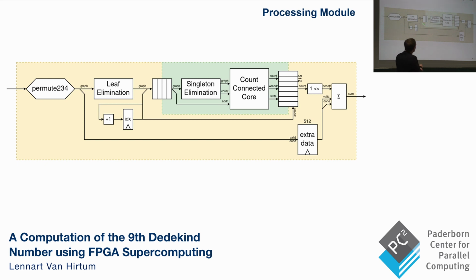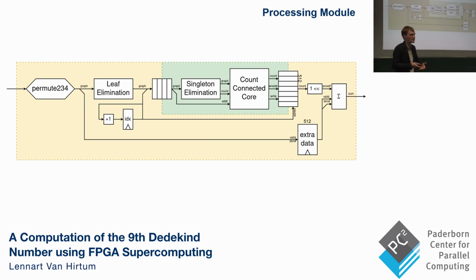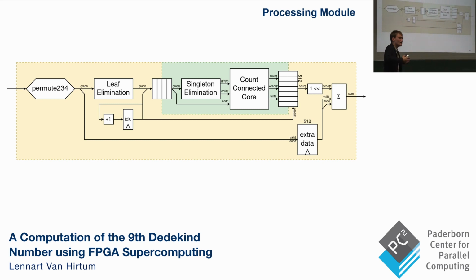Now I'll come back to this shaded region here, because we are doing high-performance computing. We want to do our computation as fast as possible. And so we want to make the part of our computation that's the most important, that's doing all of the computing, of course, the fastest. So this count-connected core, we want to make it really, really fast.